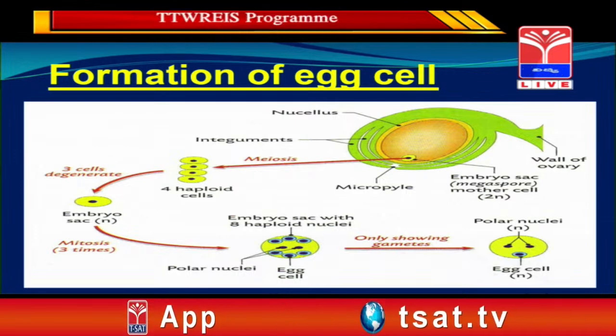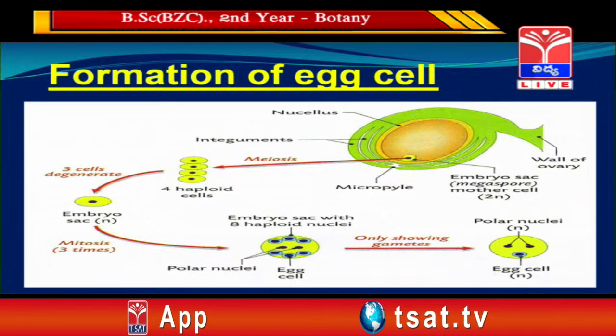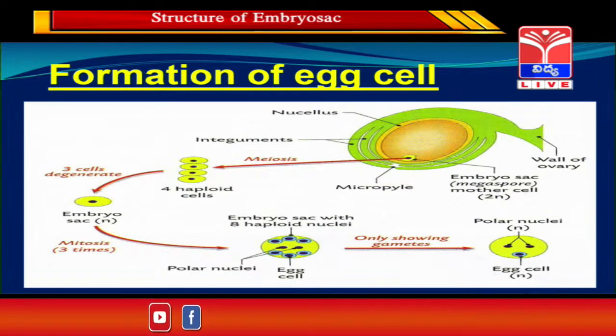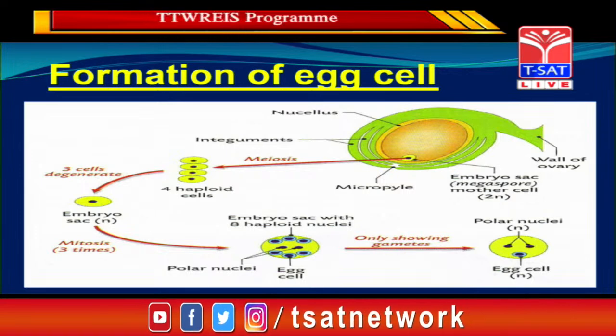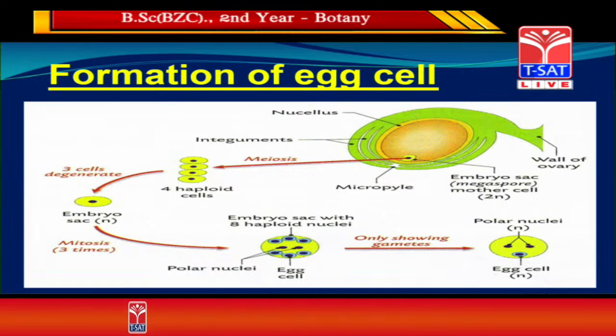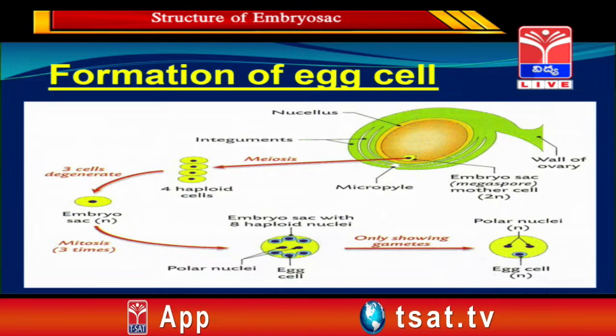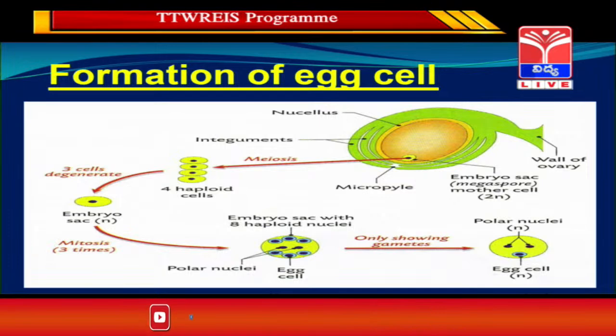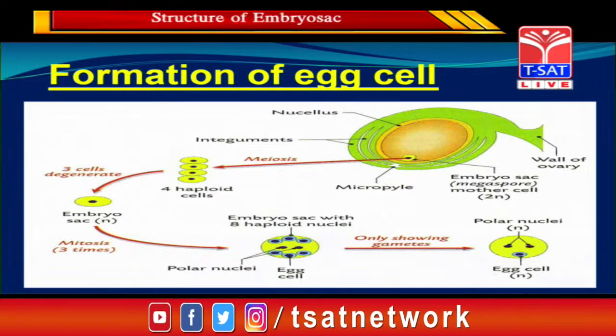The MMC, megaspore mother cell, undergoes meiosis and forms 4 haploid cells. Among the 4 haploid cells, 1 cell undergoes mitotic division and forms 8 haploid nuclei. From these 8 haploid nuclei, 2 polar nuclei and 1 egg cell are formed. Lastly, we observe the main cells, that is the 2 polar nuclei and the egg cell.